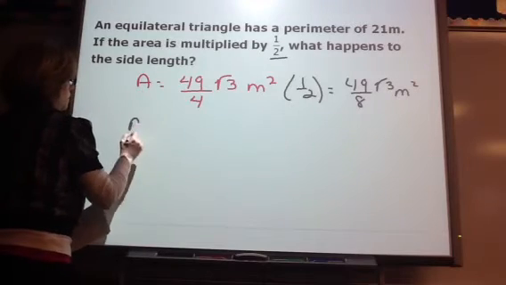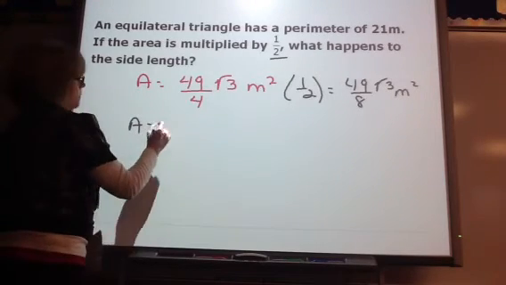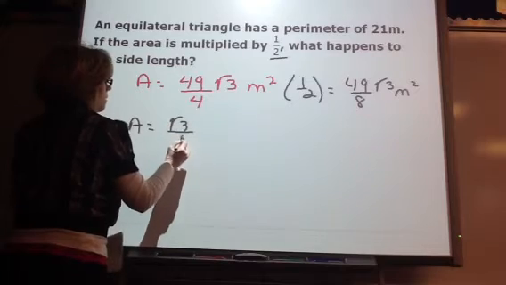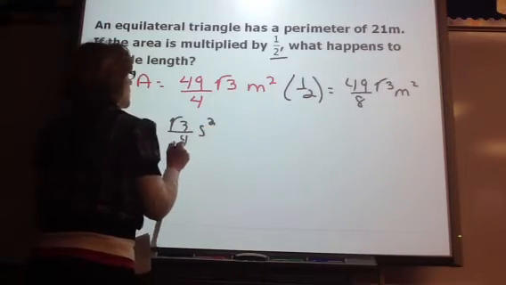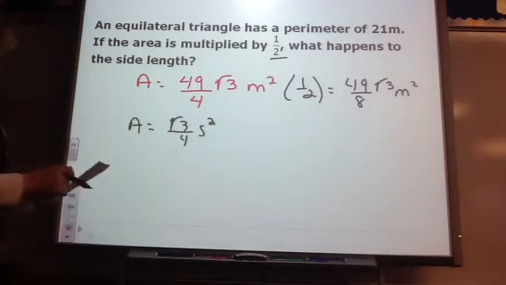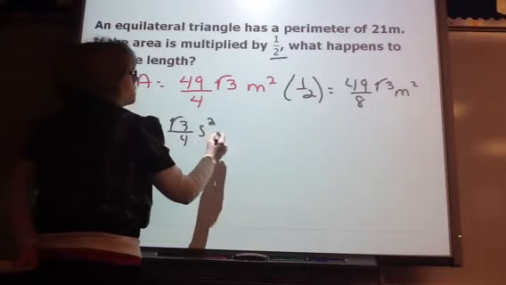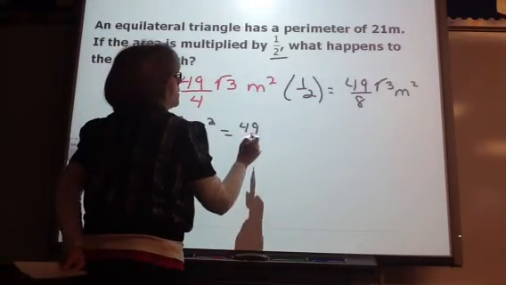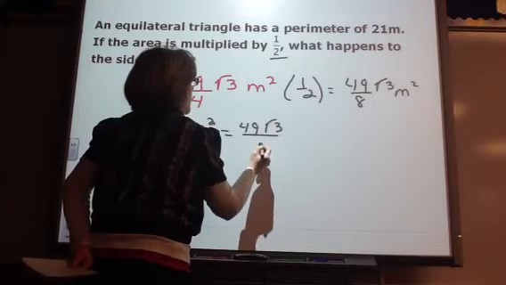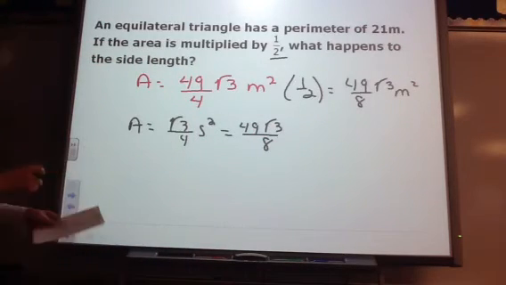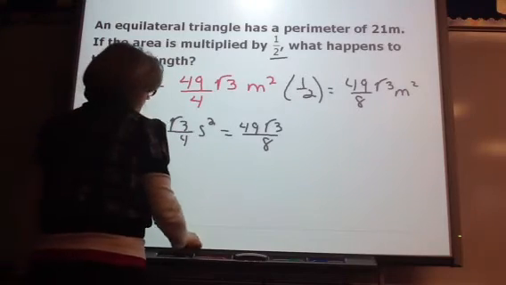Well, a little bit earlier, we had square root of 3/4 times s squared equals the area. So let's put that equal to the 49 square root of 3/8 and see how it affects the side. So what we're going to do here is we're going to solve for s.